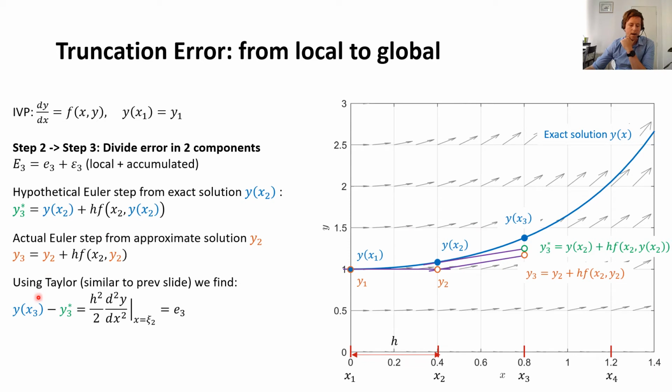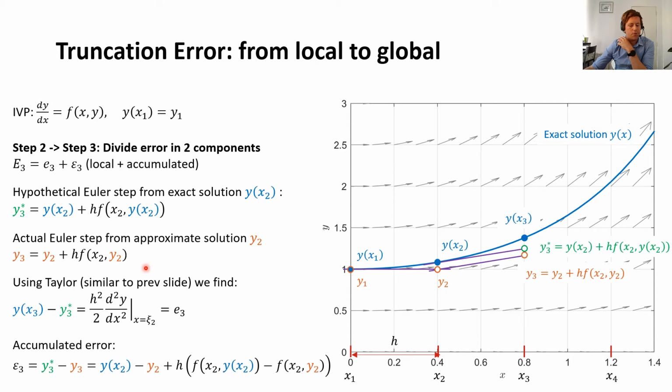So that's y, the blue y evaluated at x3 minus y3 star. And using an analysis completely analogous to the previous slide, we find that this is something like h squared over 2 times the second derivative of y evaluated somewhere in between 0.4 and 0.8. So that's the local error that we're making over there.